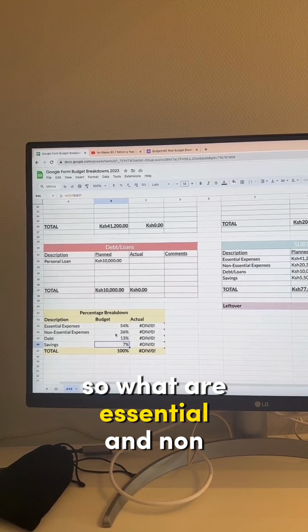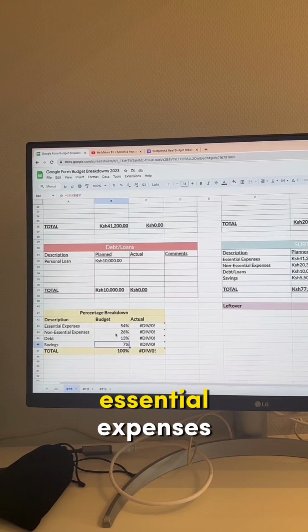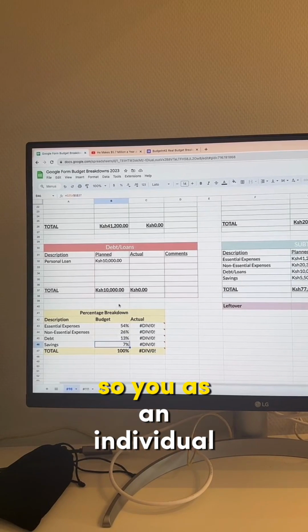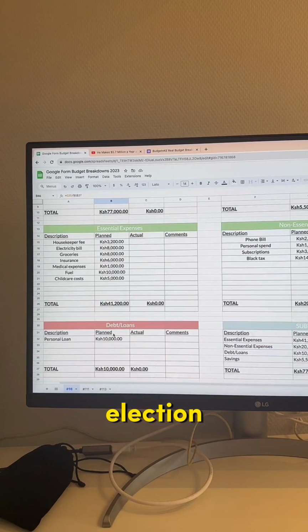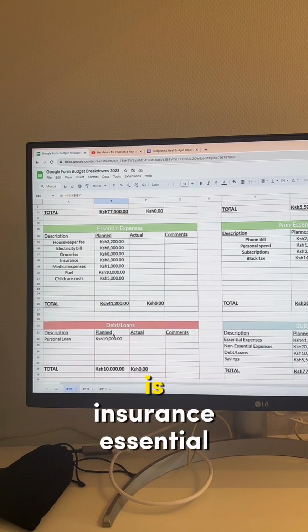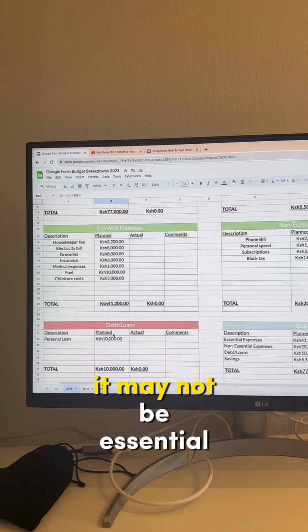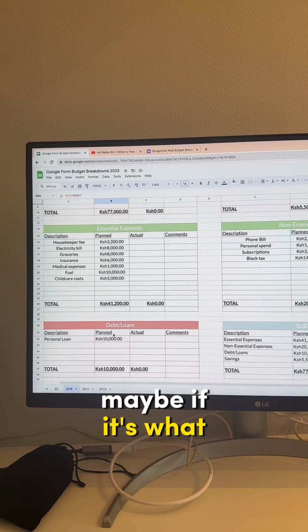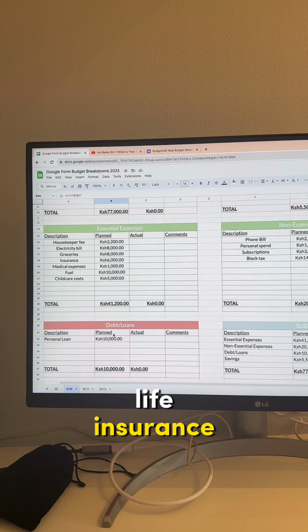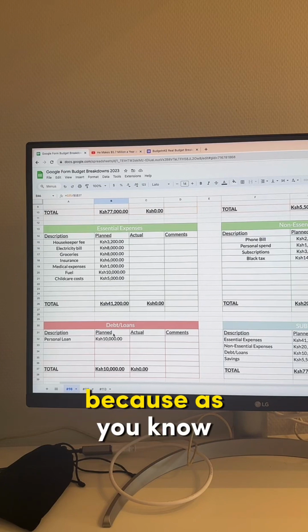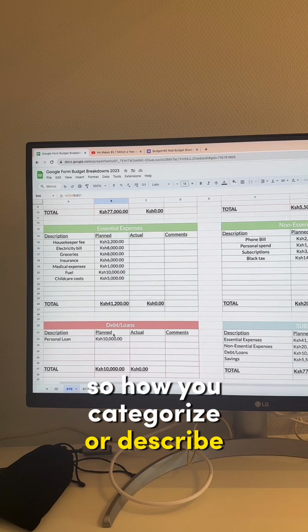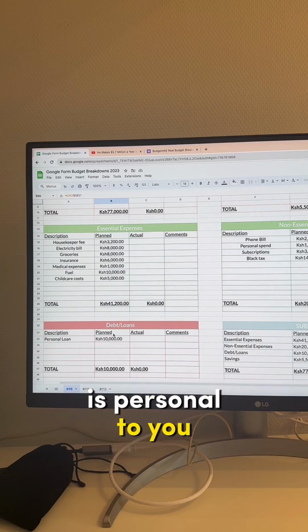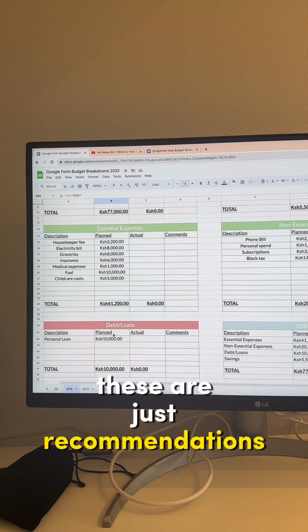So what are essential and non-essential expenses? Essential and non-essential expenses are personal to you. You as an individual determine whether, let's say, insurance is essential for you. It may not be essential to you, maybe if it's life insurance, medical insurance, whichever it is. Because as you know, everyone's situation is different. So how you categorize or describe things on your budget is personal to you. These are just recommendations.